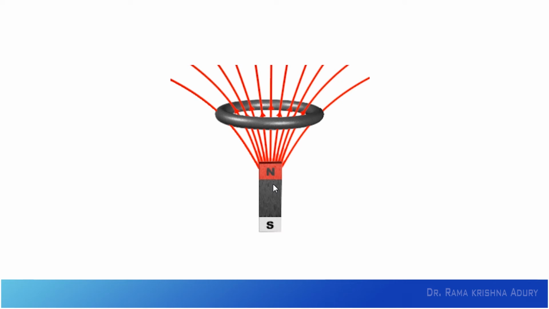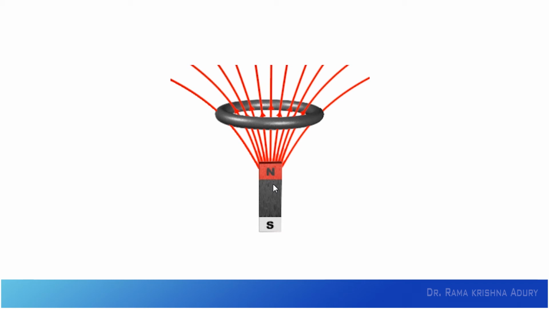So an induced electromotive force is produced, and electrons start moving in the conductor, and that produces a current. That current induces a counter magnetic field, which acts against the one which generates the current.